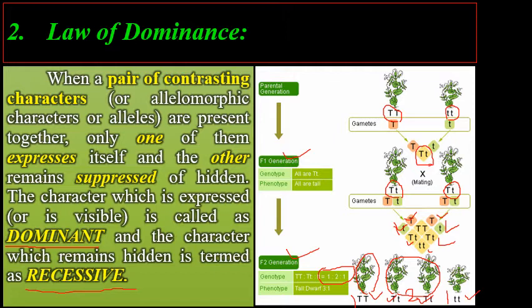So the phenotypic ratio will be 3:1. Again in the pair of contrasting characters, the tall character remains dominant while the suppressed character is the dwarf plant.